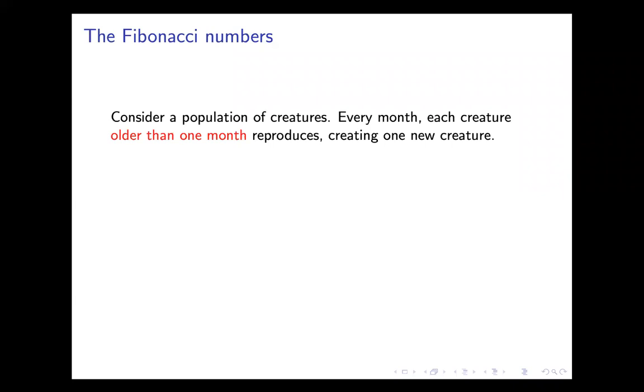Another example where Fibonacci numbers appear is in a population of creatures. Every month, each creature older than 1 month reproduces, creating one new creature. That's what happens in these populations. For example, it appears in colonies of bees, of bumblebees, right? The male drones don't have kids; the male and female bees reproduce differently.